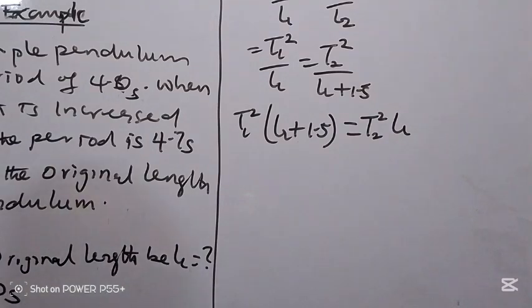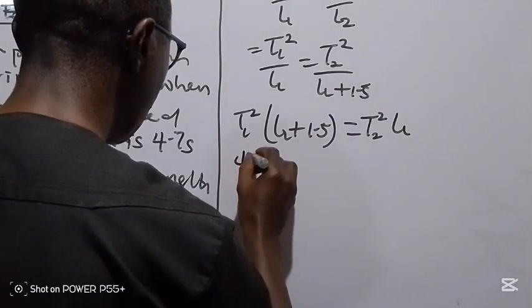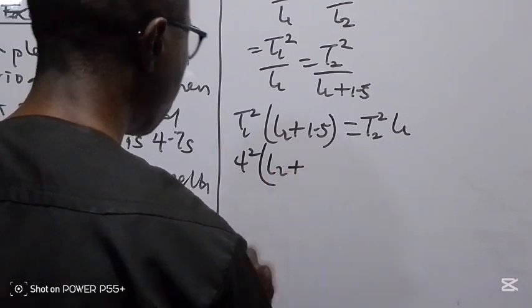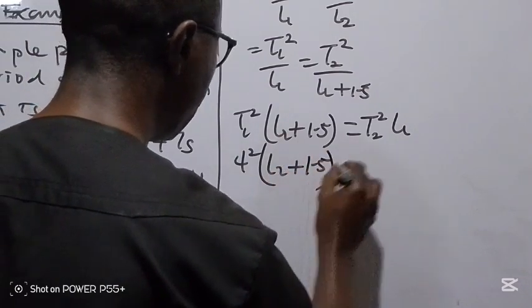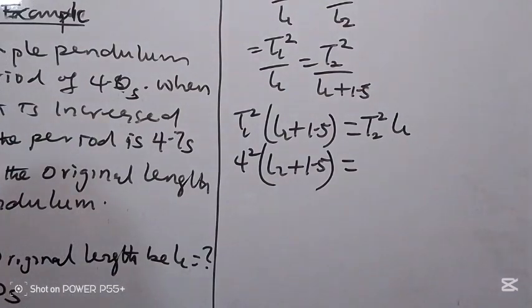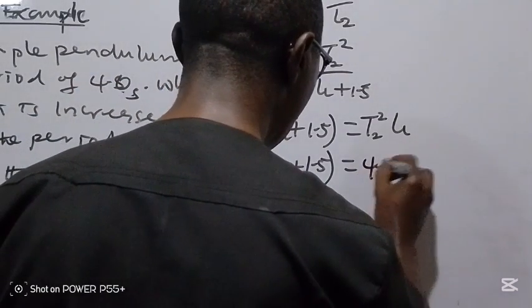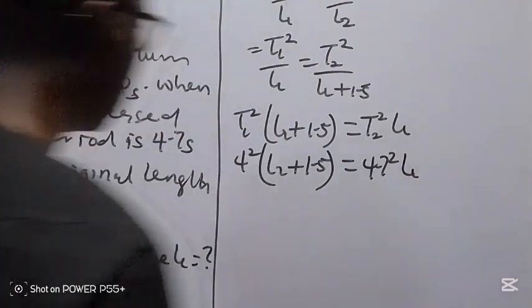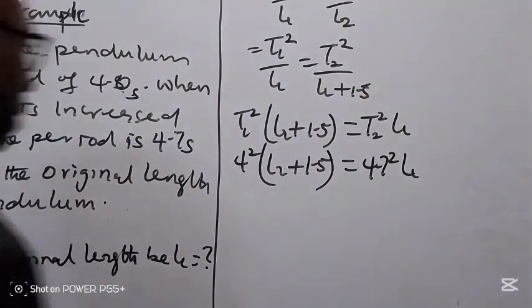Our T1 is 4.0 squared into L1 plus 1.5 equal to our T2, 4.7 squared into L1. So open the bracket.